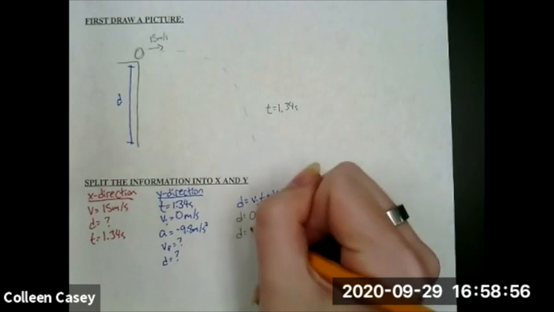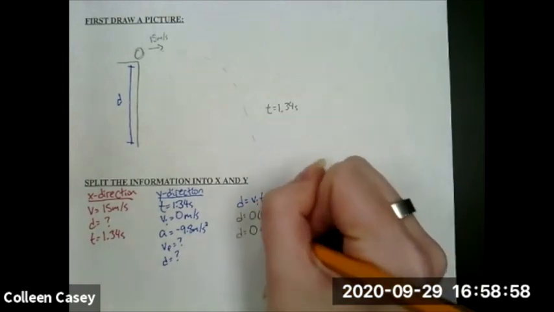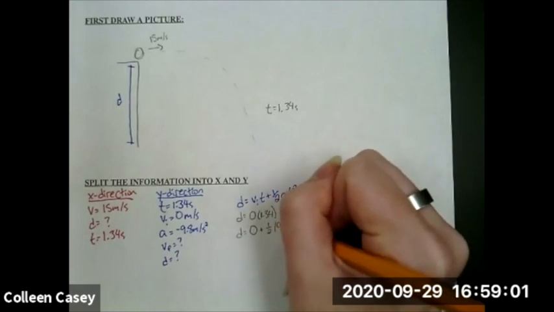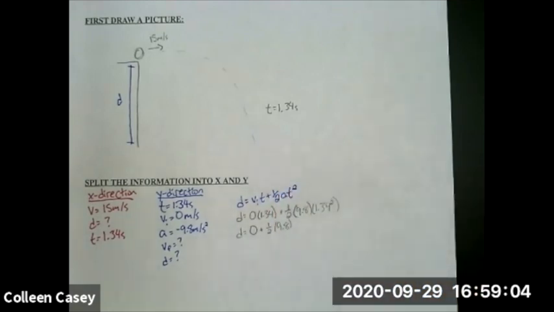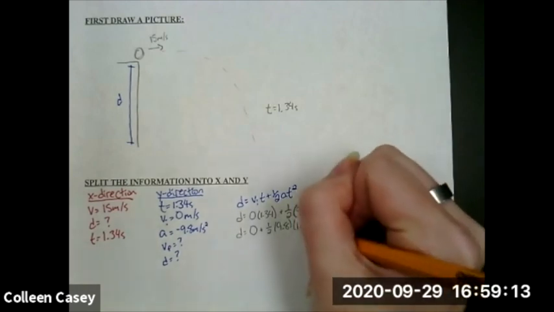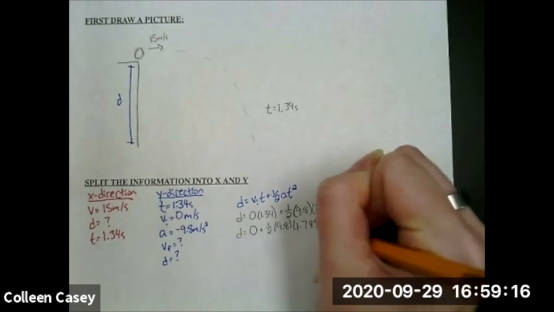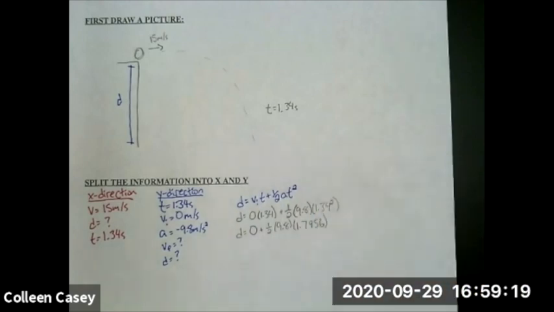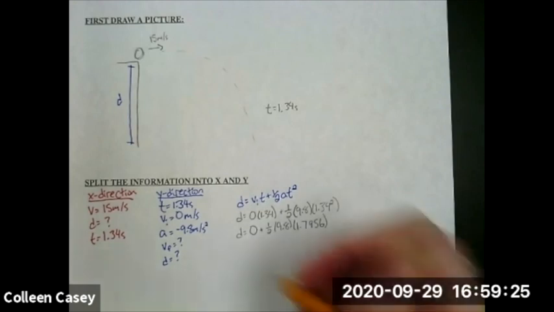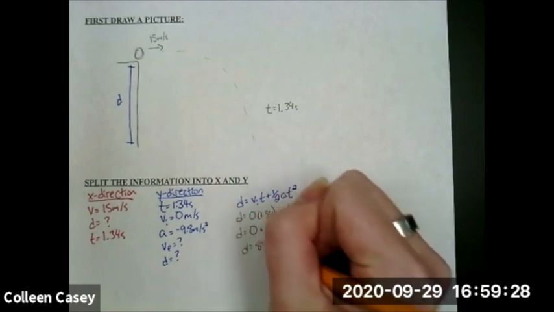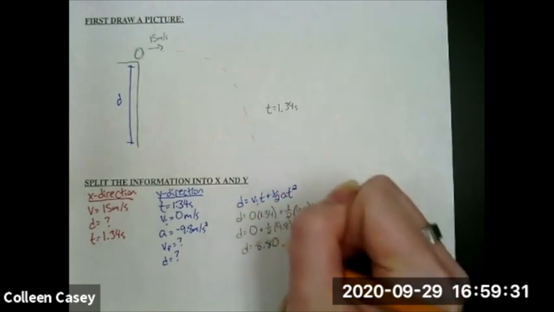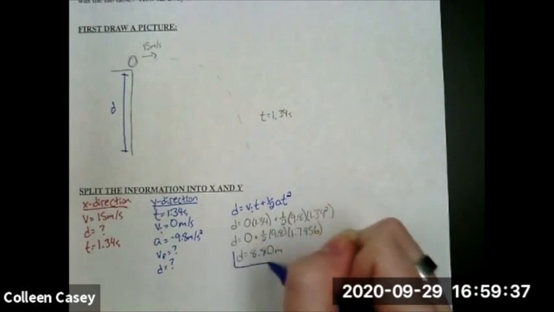So I've got the distance is equal to 0 plus 1/2 times 9.8 times 1.34 squared, which is 1.7956. Go ahead and multiply all of the things that I have together, and I get that the distance is 8.80 meters. This is, remember, the height of the lab table.